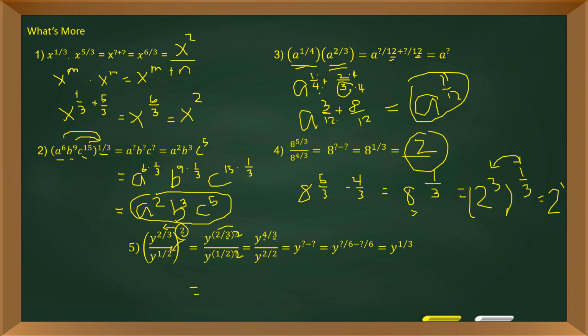And below this bar, our denominator y raised to 1/2 times 2, so you have to multiply the numerator 2 with the numerator 1. So y raised to 2 over 2. And simplifying further, they are y raised to 4/3 divided by y raised to 2 over 2. So applying the law on quotient, you have to subtract the exponents.